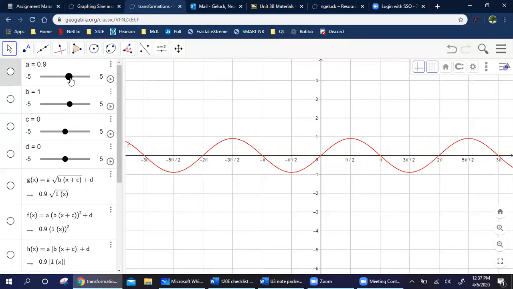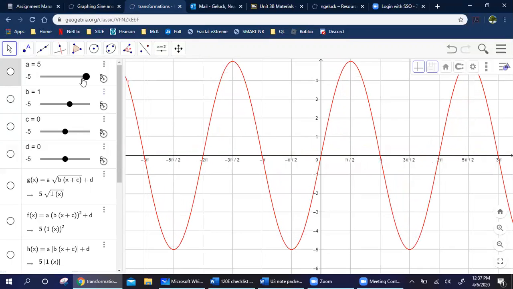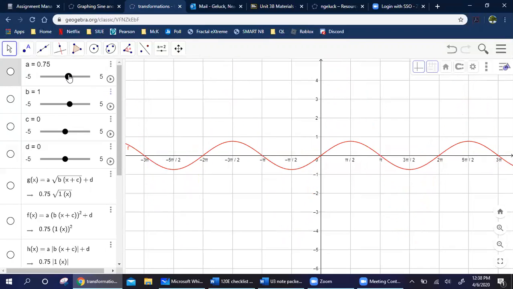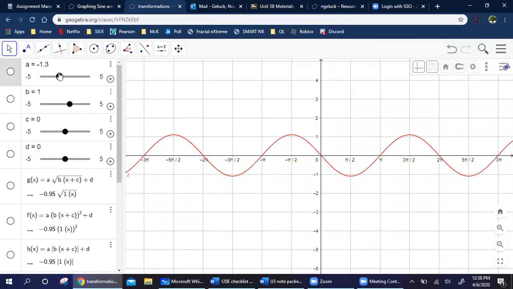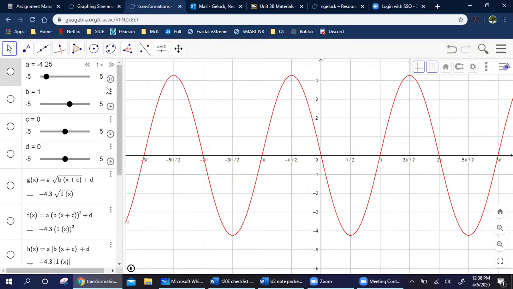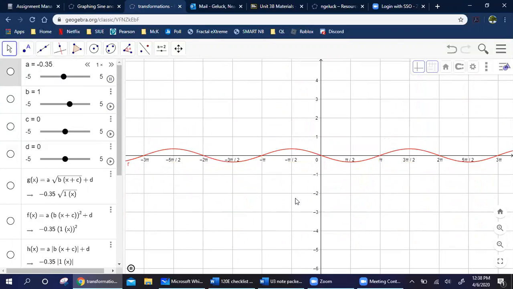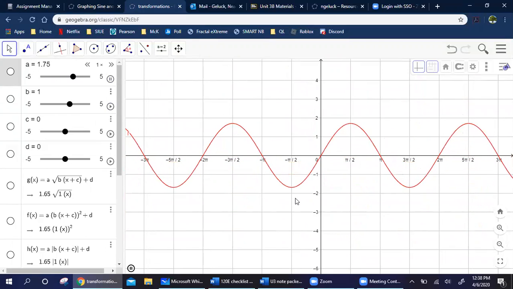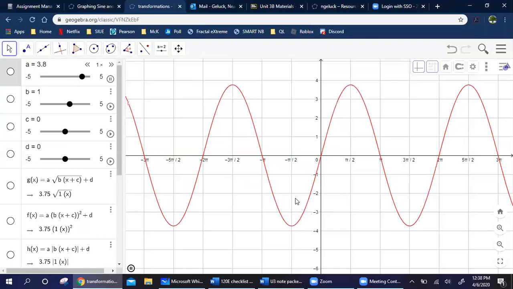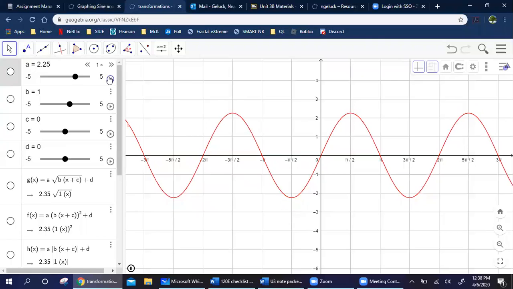So bigger a numbers stretch it, smaller a numbers compress it. If I do a negative, that just reflects it over the x-axis. If I just let this run, I can see that I have sine function being reflected. Now it's back to its normal sine function, and it's just being stretched or compressed based off of the number.